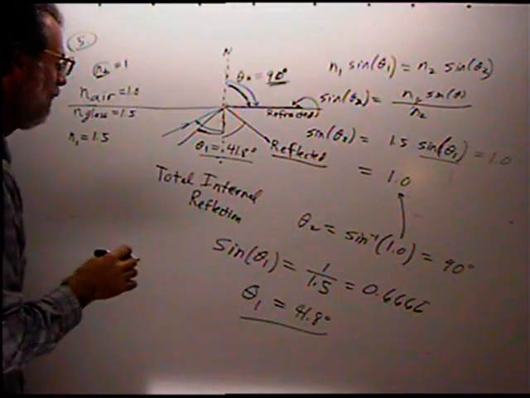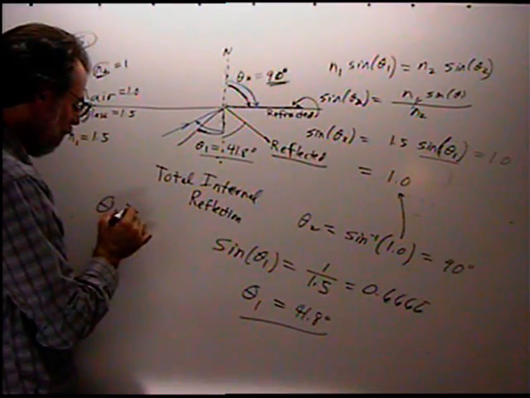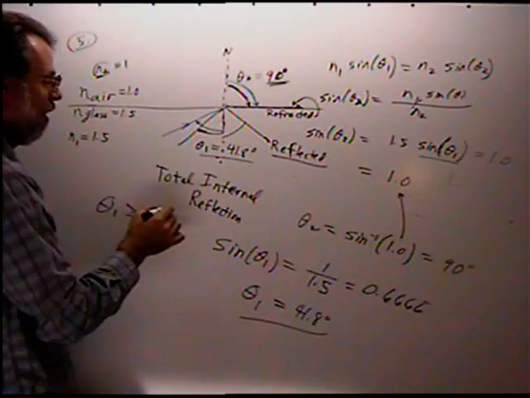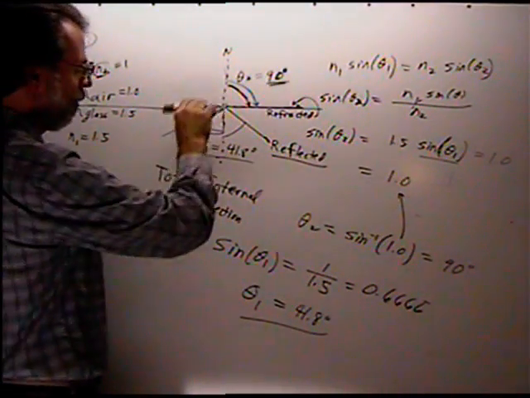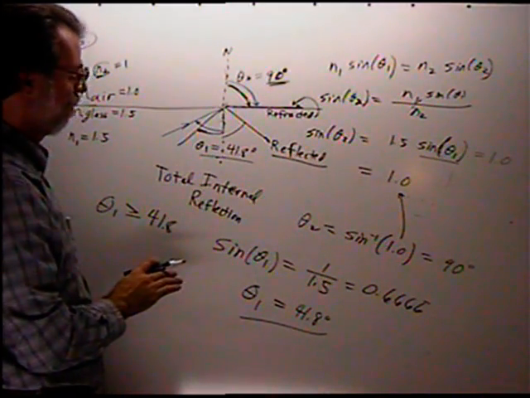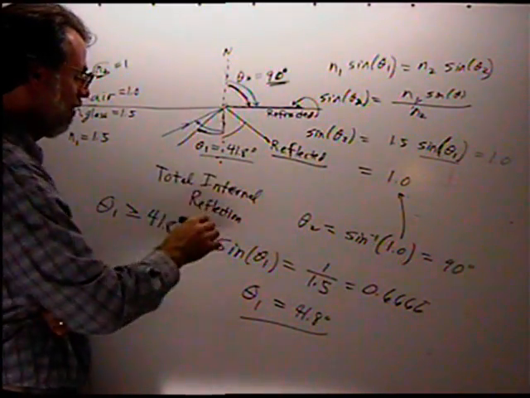So basically, when theta 1 is equal to or greater than 41.8, all the rays become reflected back into the glass. Okay? So this is a condition called total internal reflection.